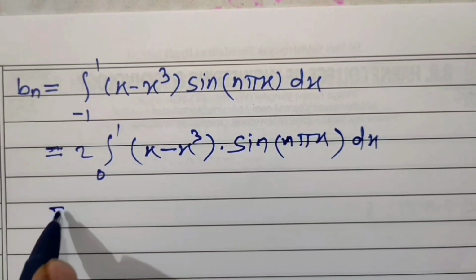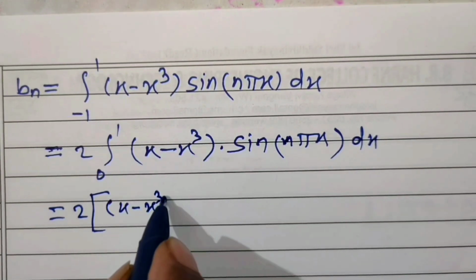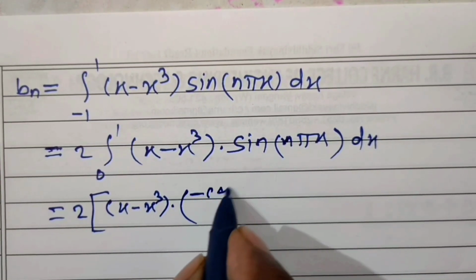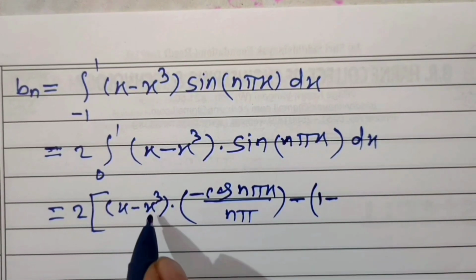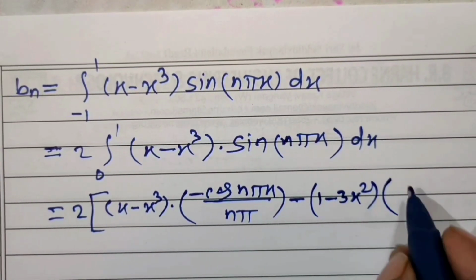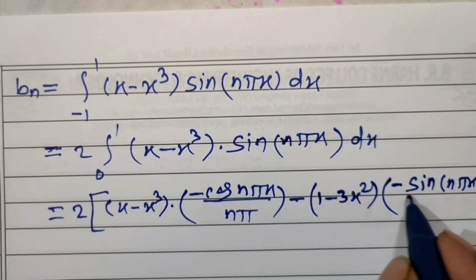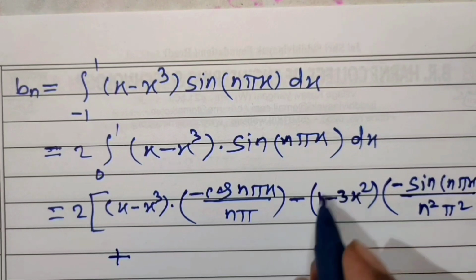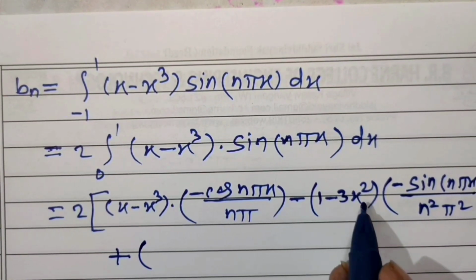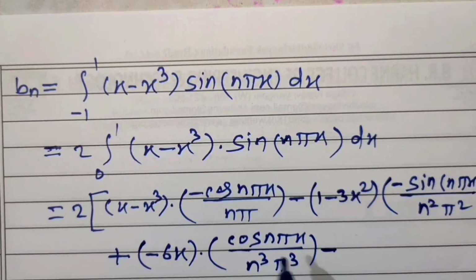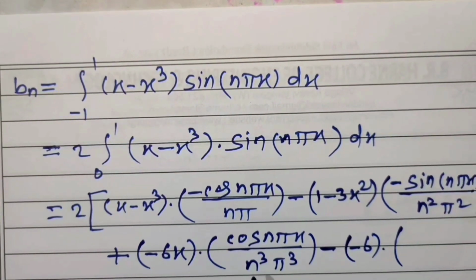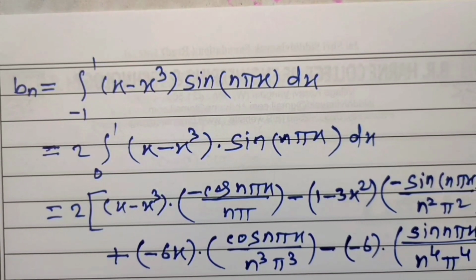So this is equal to 2 into bracket: this algebraic function as it is, integral of sine function, that is minus cos n pi x divided by n pi, minus derivative of x is 1 minus derivative of x cube is 3x square, integral of this minus sine of n pi x divided by n square pi square, plus derivative of this bracket, derivative of 1 is 0 and derivative of x square is 2x, 2 into 3 minus 6x, integral of this bracket cos of n pi x divided by n cube pi cube, minus derivative of minus 6x is minus 6 into integral of this sine of n pi x divided by n to the power 4 pi to the power 4, and limits from 0 to 1.